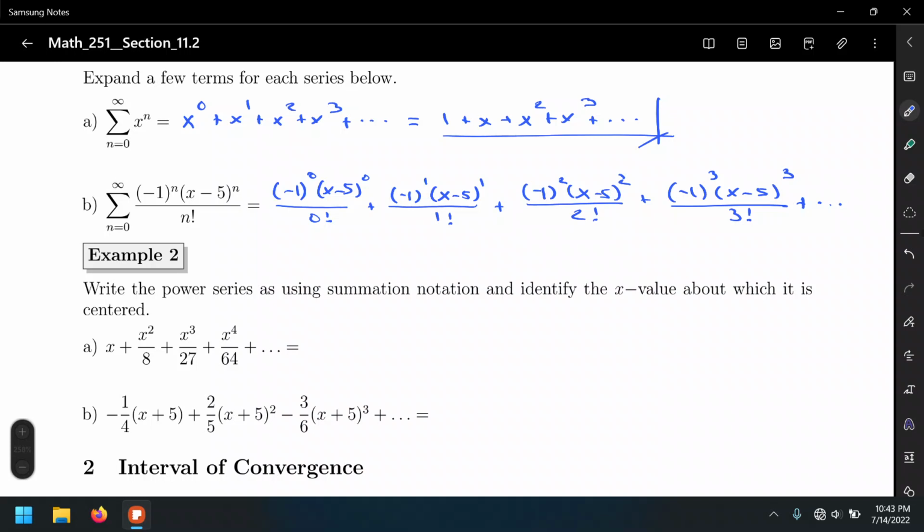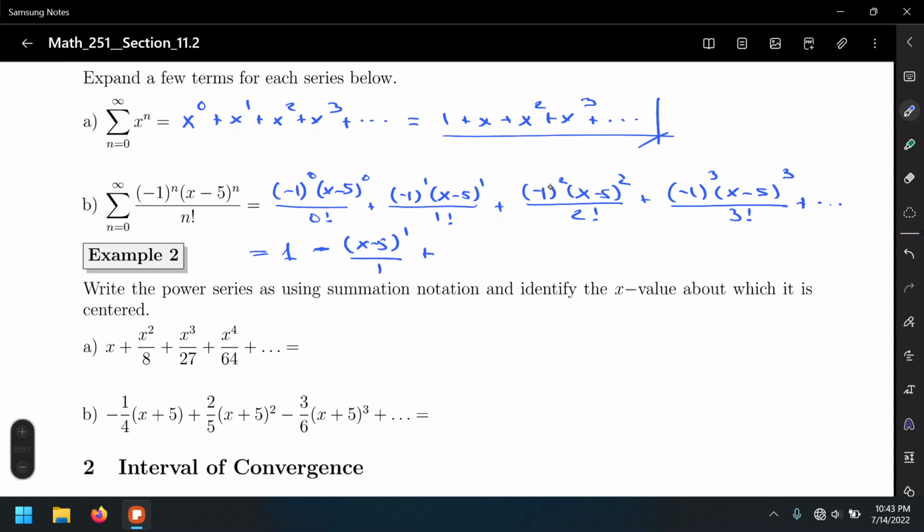Okay, let's simplify this. 0 factorial we know is 1, negative 1 to the 0 power is 1, and x minus 5 to the 0 power is also 1, so that gives us a 1. Then be careful with the next sign, because we have negative 1 to the first power, which is negative 1, times x minus 5 to the first power over 1.